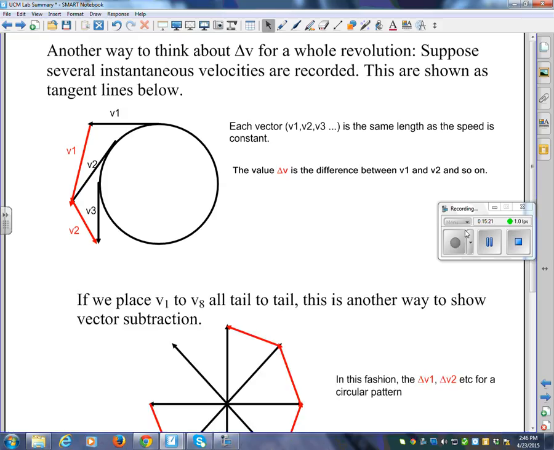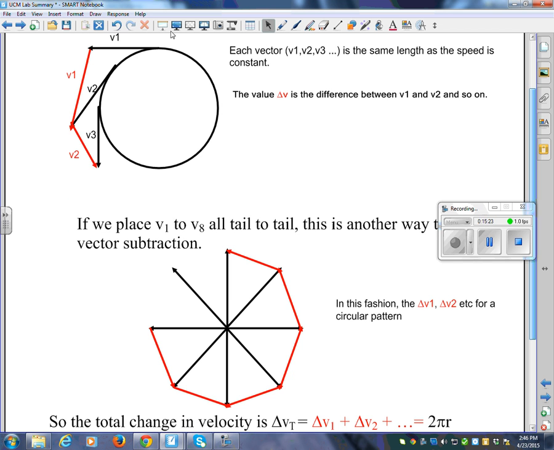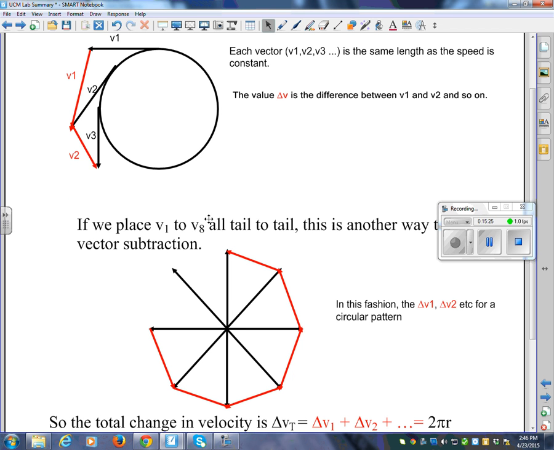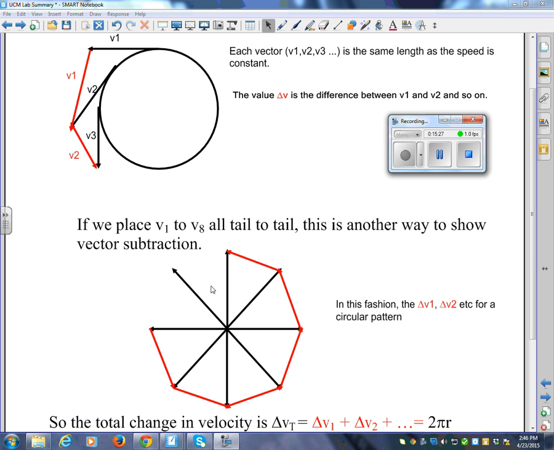Now, if you placed all of those tangent velocities, v1 and so on, tail to tail, this is what you'd get. There's v1, v2, v3, v4, and so on. I haven't taught this yet, but vector subtraction can be shown as a tail-to-tail vector arrangement, and these red guys here are simply these ones again.